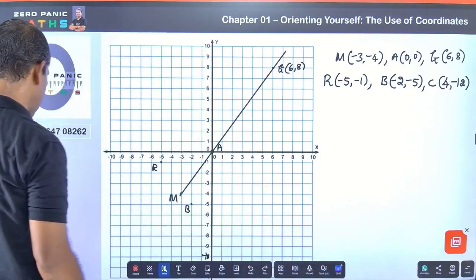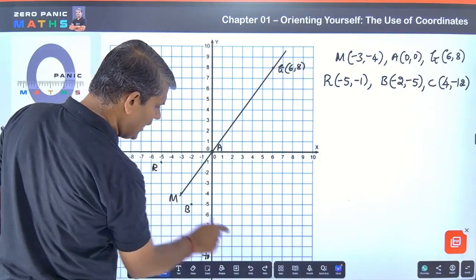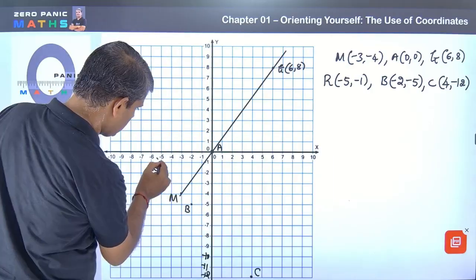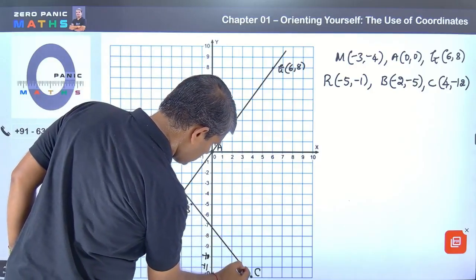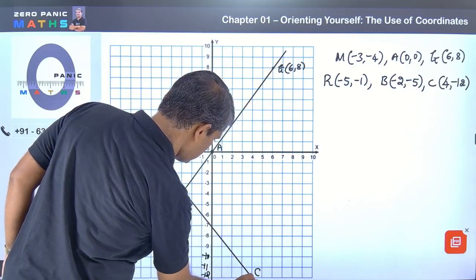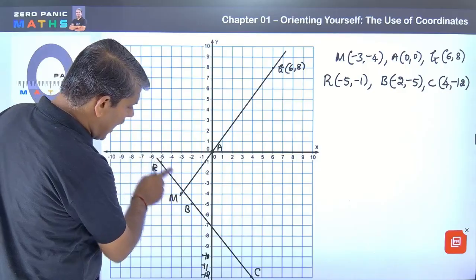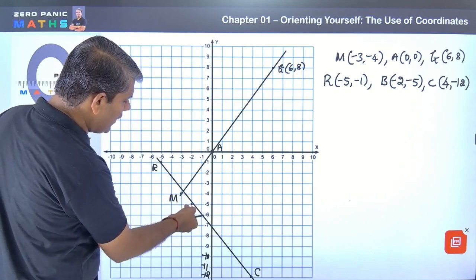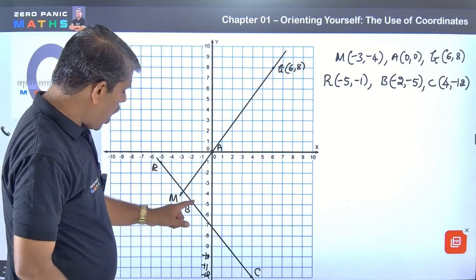Now let me take the straight line and join points R and the last one. When I joined the points R and C, you can see the point B is falling a little bit below this straight line, and it is not exactly on that line.